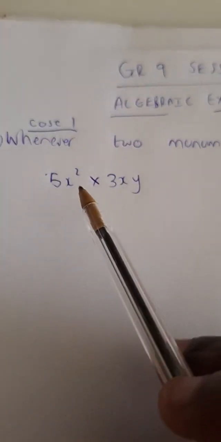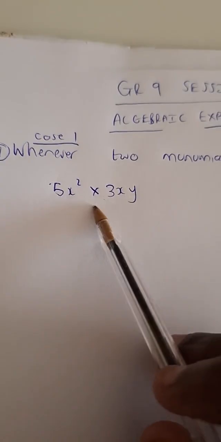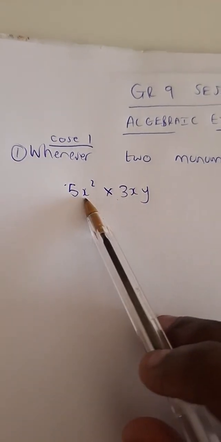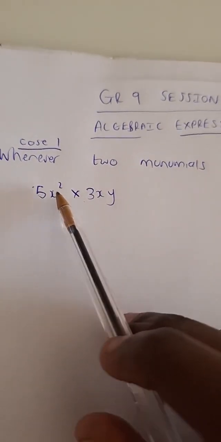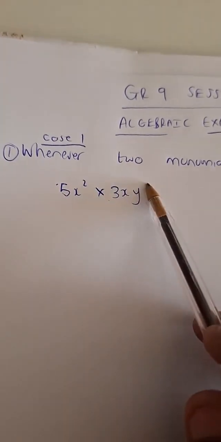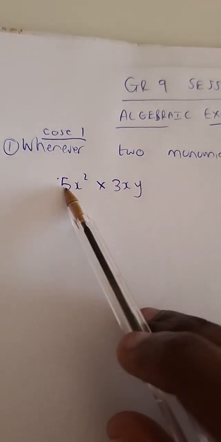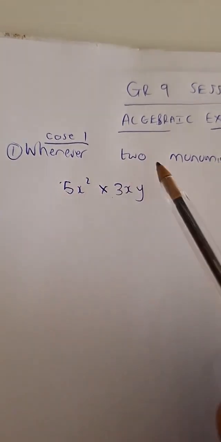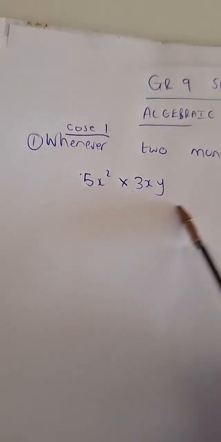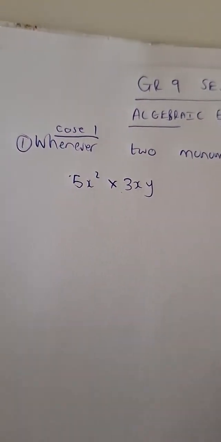5x squared multiplied by 3xy. Whenever two monomials are multiplied, 5x squared is a monomial, 3xy is a monomial, but together when they are multiplied, we know that all of it would be regarded as a monomial.